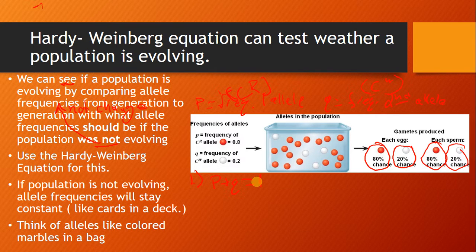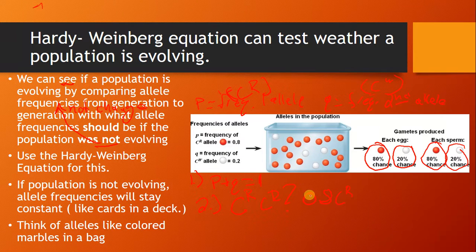Secondly, now we're going to start drawing marbles out of here. And we're going to think, what is the probability of getting a CR? So, if we pick our first marble out of there, there's a 0.8 chance of it being a CR.